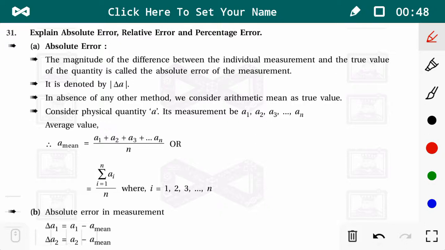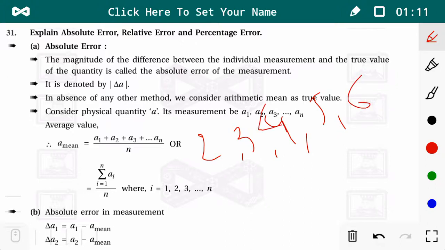So first of all, absolute error. Absolute error is the magnitude of the difference between an individual measurement and the true value of the quantity. Suppose we have 2, 3, 4, 5 and 6.